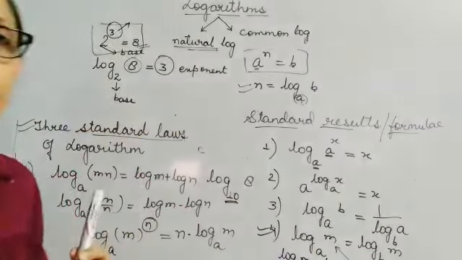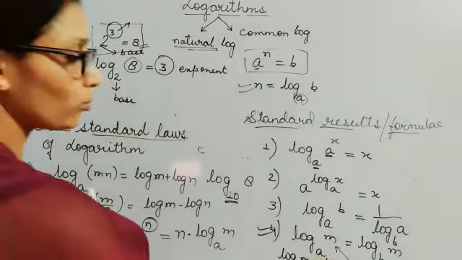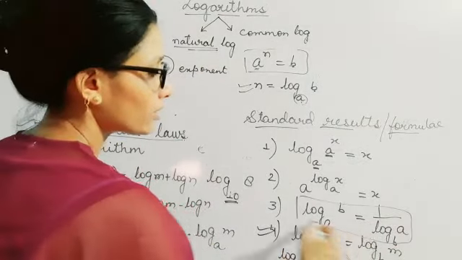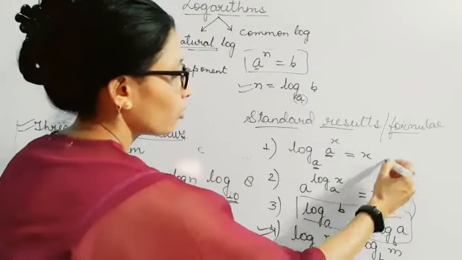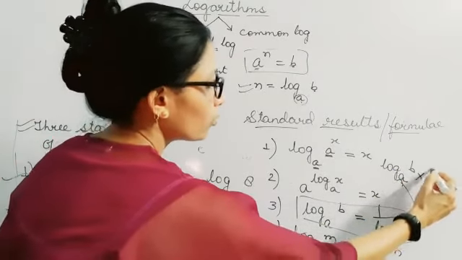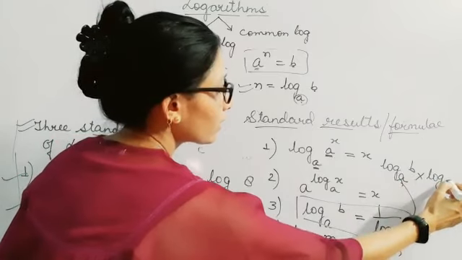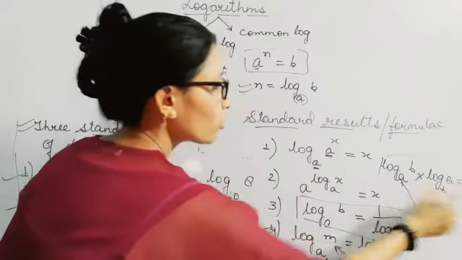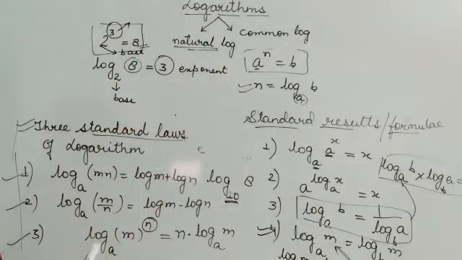So you can simply cross multiply it. Also, you can write log of b to the base a into log of a to the base b equal to 1. So you can deduce some other forms also.